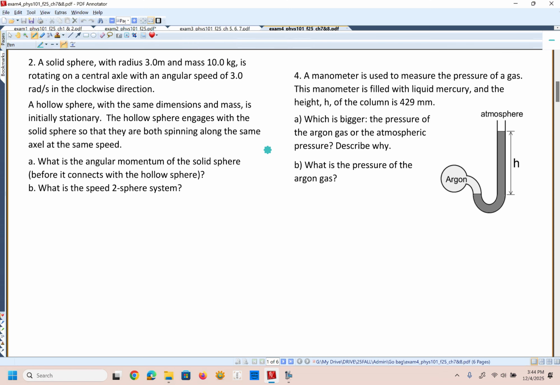Yeah, these two questions. They won't be spheres, they will be flywheels, I think. I'm pretty sure they're flywheels.